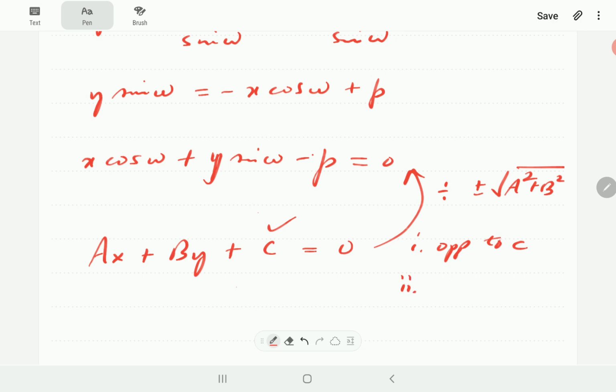If c is 0 but b is not 0, then the sign is taken to agree with that of b.